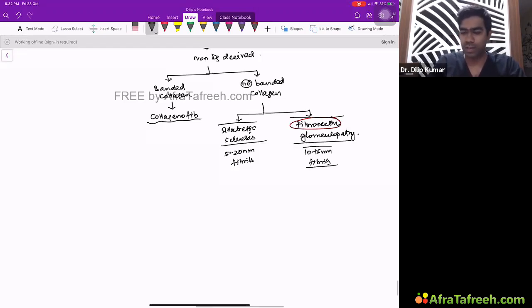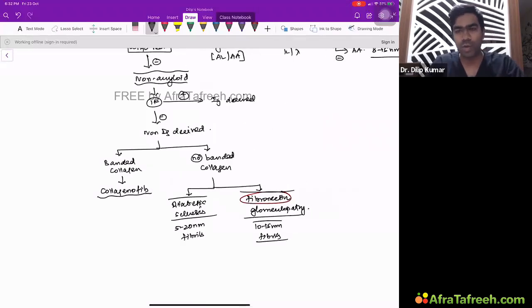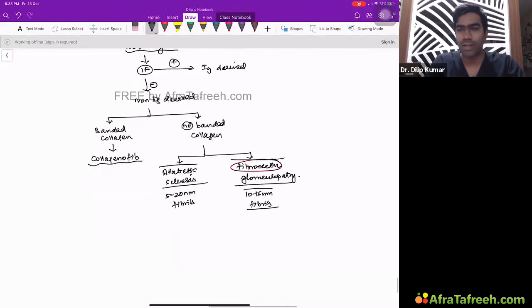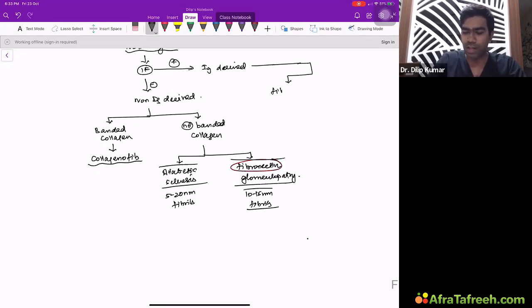But apart from that, if it's immunoglobulin derived, then you have multiple differential diagnoses for the same. So either it can be fibrils, or it can be microtubules, or it can be granular deposits also. So first I can split immunoglobulin derived deposits easily.